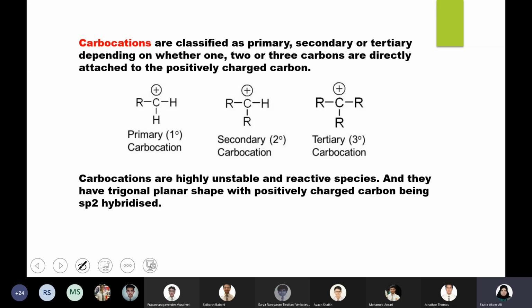Carbocations are highly unstable because they carry charge. Whenever any species contains a charge, whether positive or negative, it will be highly unstable. If they are unstable, they will immediately react with something to give the product. So they are highly unstable and at the same time highly reactive.